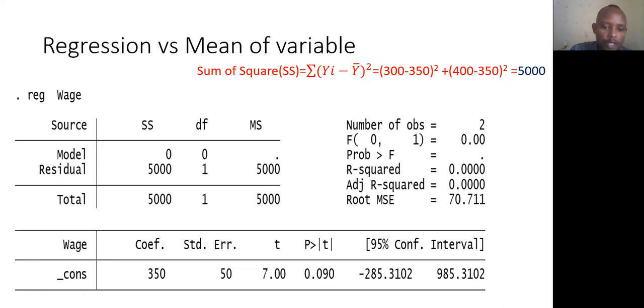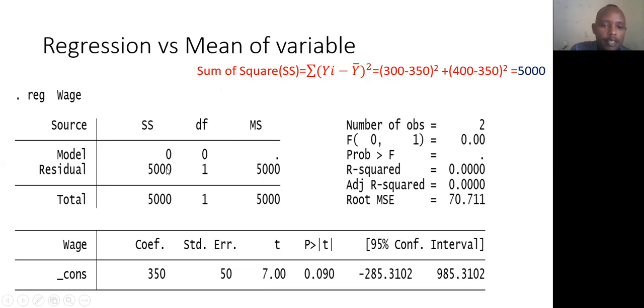Look at the coefficient here, 350. That's the same as the expected mean value. If there is no independent variable in the model, then regression simply gives the expected mean value of such a variable.